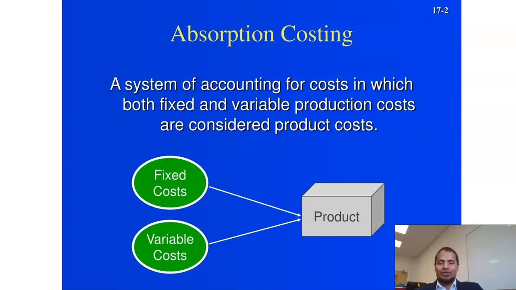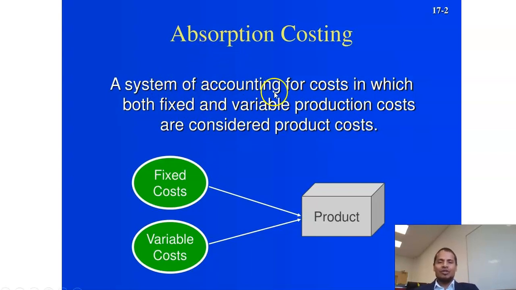So absorption costing or traditional costing or full costing, what does it mean? So if you calculate the cost of a product considering all of the variable cost and fixed cost of production, then this approach is called absorption costing.